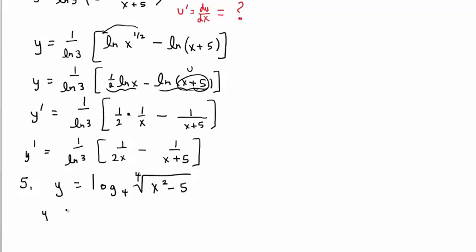All right, I'll do a change of base. All right, so it's the natural log of the 4th root. I'm going to go ahead and rewrite that as a rational exponent. Get rid of the radical.